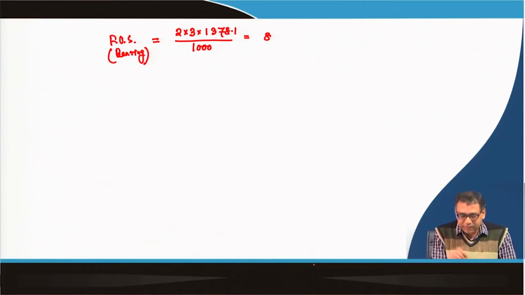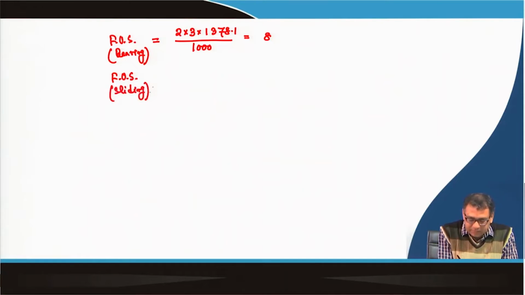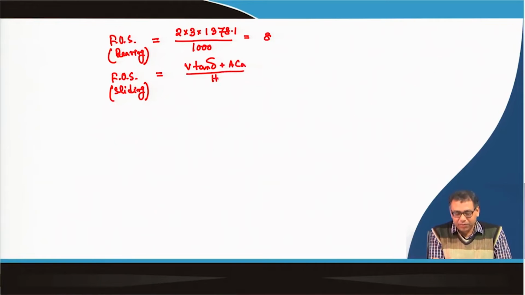But let us see the factor of safety for sliding, which is equal to T, that is V tan delta plus A C A divided by H. Now, A C A is 0.